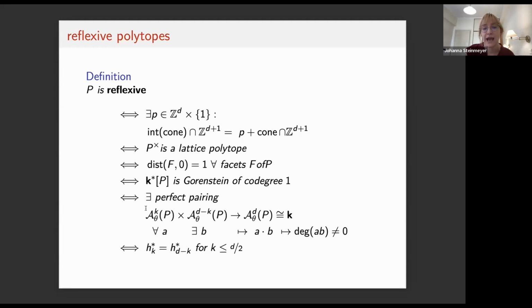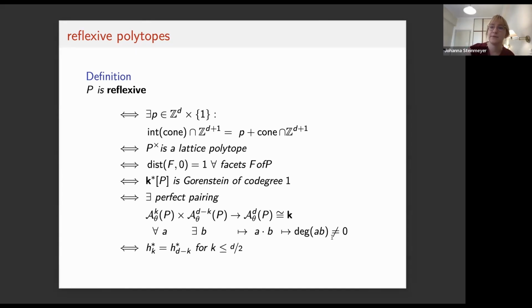So we have a perfect pairing for any reflexive polytope from the kth graded piece with the (d minus k)th graded piece. So exactly on the other side. For every element here, we can find an element here such that when we multiply them together through the ring, the result is going to be non-trivial.